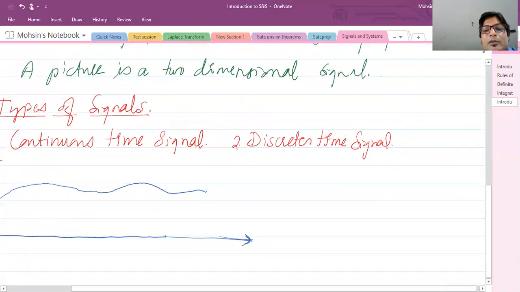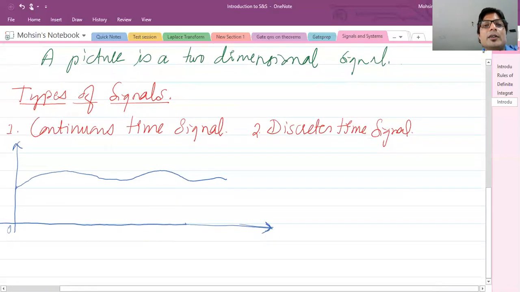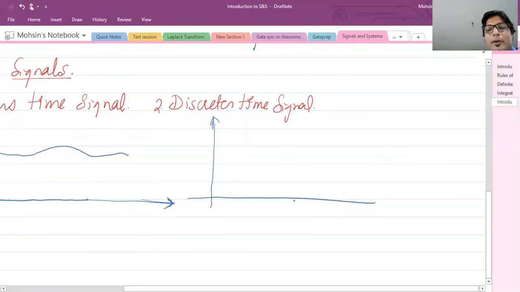In the same way we can also have a discrete time signal. Practically, you can understand this with the example of a share market signal. A share market signal is a time dependent signal which is given every day at the end of the day, that is the closing time, at 3:15 p.m. So there will be a closing time for that stock market, and every day at 3 p.m. you will get a particular value.